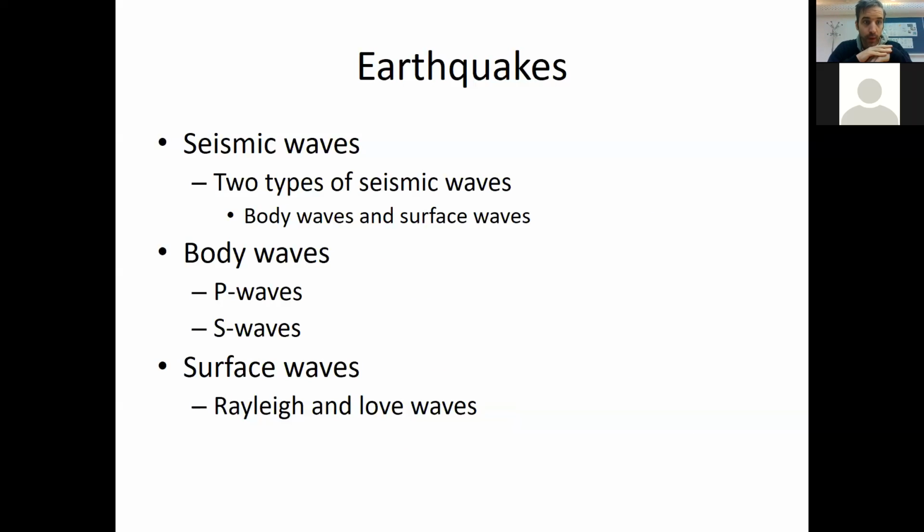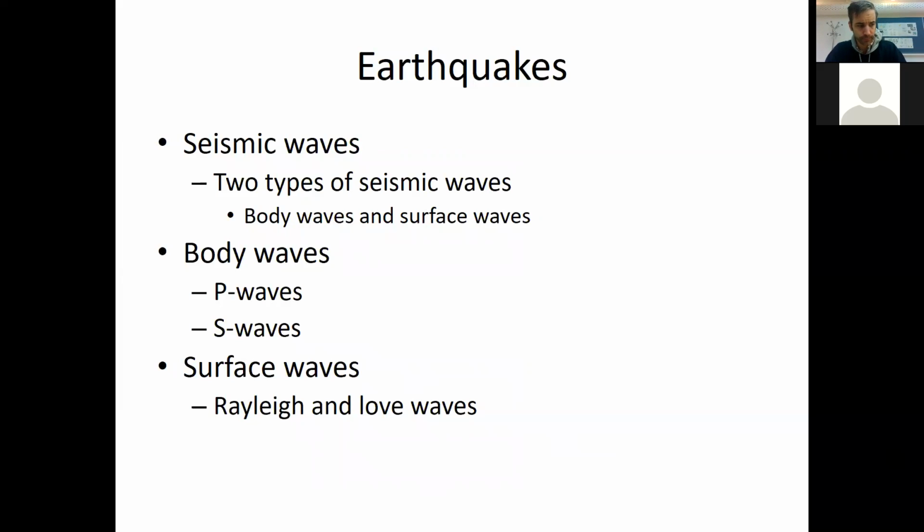And when it comes to seismic waves, particularly in earthquakes, we have two types of waves. Well, actually many types, but they can be classified into two different classes. One is body waves and the other is surface waves, okay?